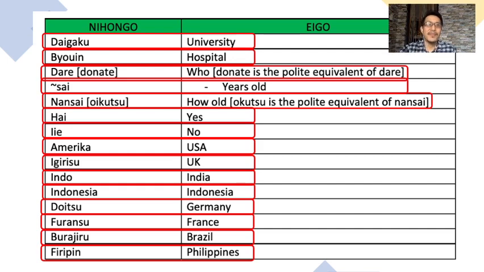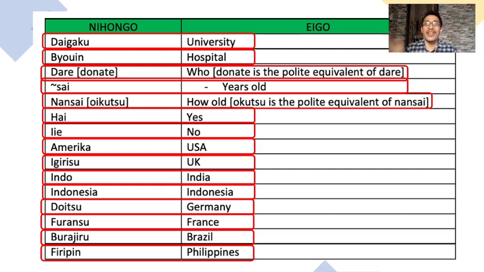Daigaku, byoin, dare, donata. It should have been donata. Sorry for that. Sai, nansai or oikutsu. Hai, ie, America, igirisu. Indo, Indonesia. Duitsu, Furansu, Burajiru, Philippine.